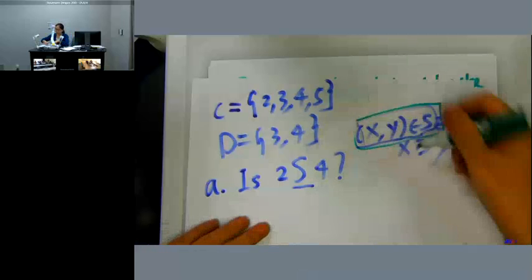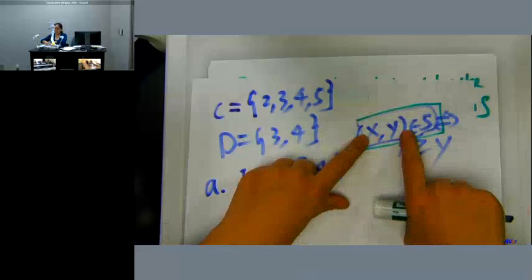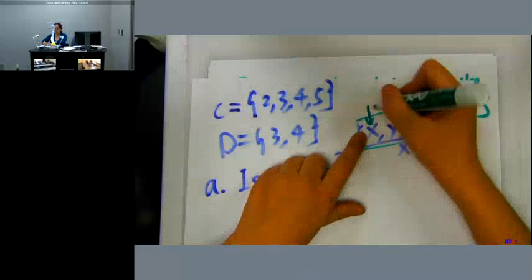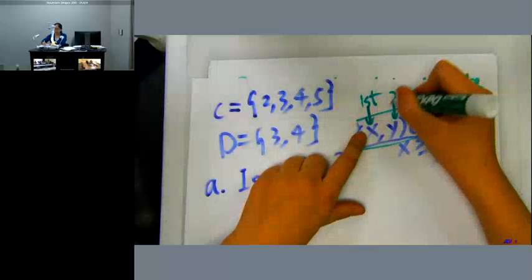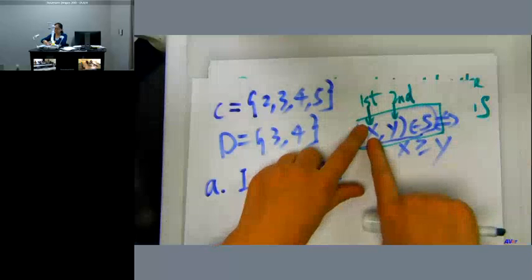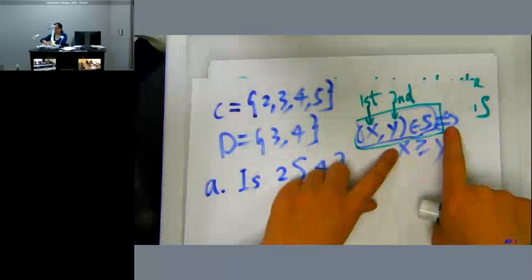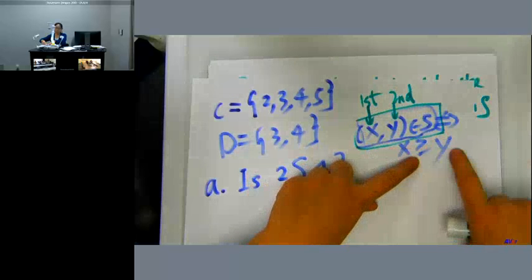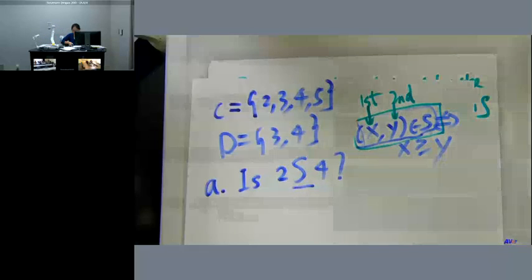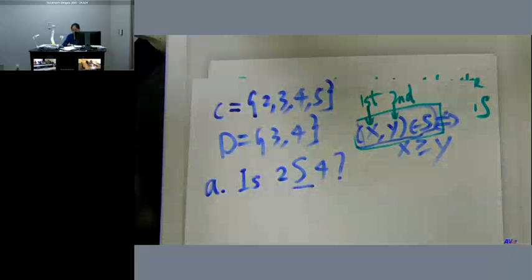So in this case, if your x, y bother you, you can think of x as the first number and y as the second number. So the first number is related to the second number if and only if the first number is greater than or equal to the second number. If you took notes last time, the example we did is less than, right?